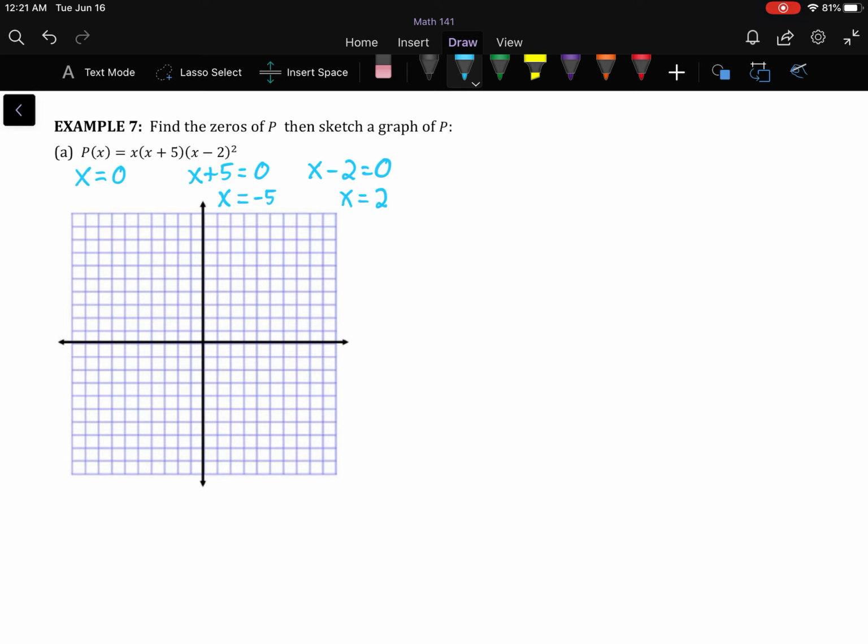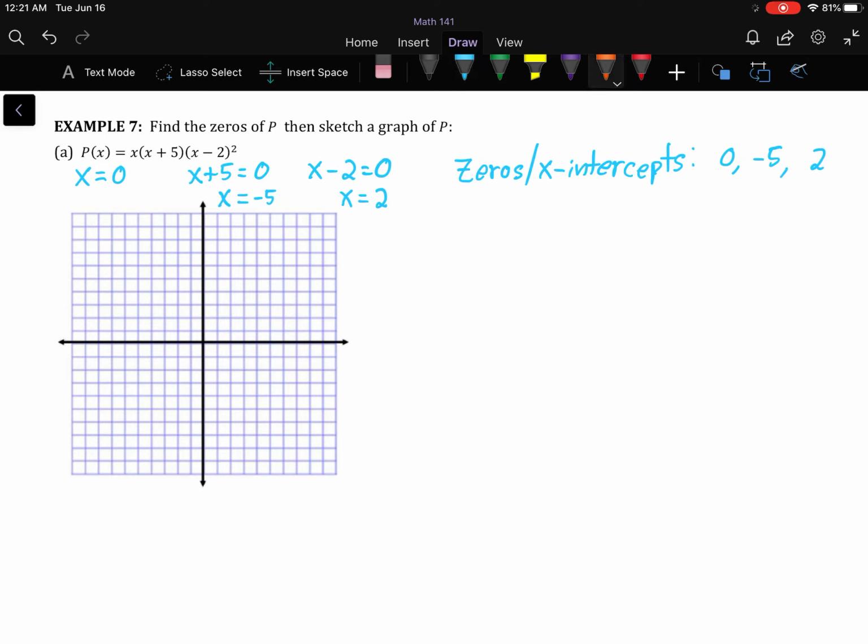So that means that our zeros, also known as x-intercepts, are 0, -5, and +2.